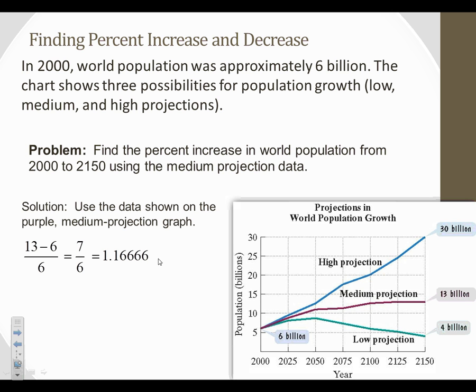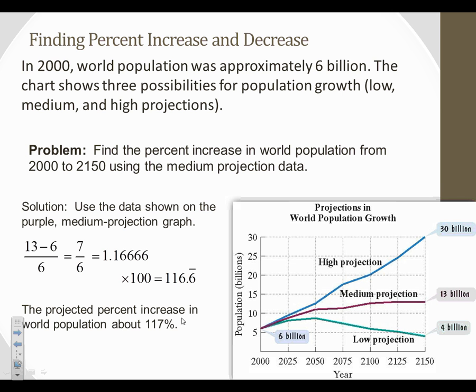And remember, we multiply that by 100, so we have 116.6 with a bar on it because it's repeating. And remember, we went from 6 to 13, so that means this is the percent increase. So your answer, the projected percent increase in world population is about 117%.